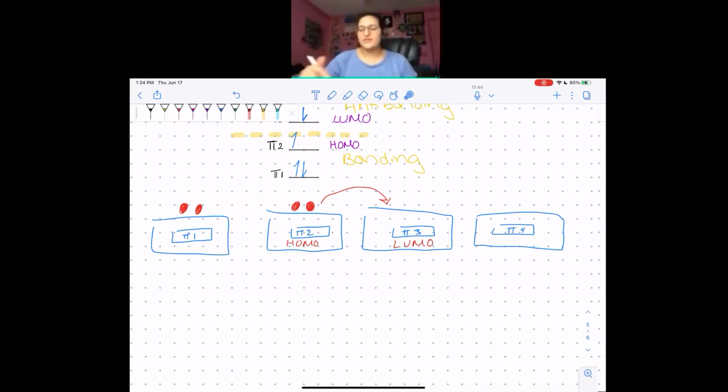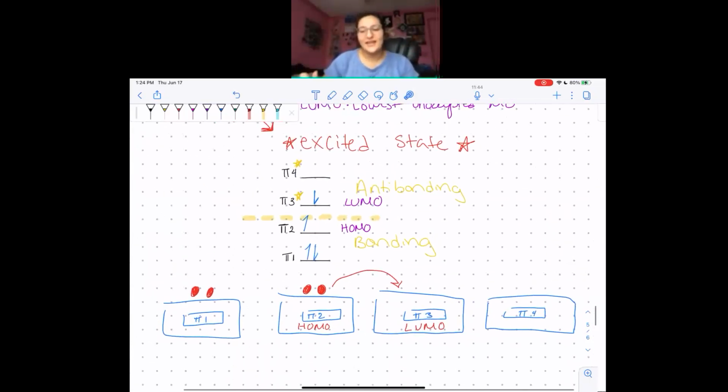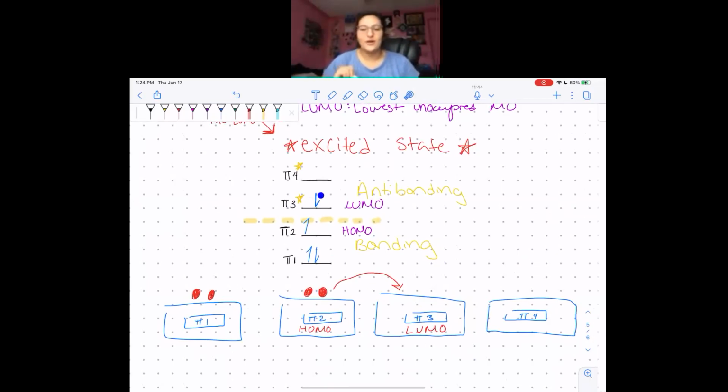That's dumb. So instead, we just pick up the bouncy ball and we put it back. Some of you might have thought that was a really stupid way to explain it, but I know this helps a lot of people. So think of it as baskets and bouncy balls. So when it goes to the excited state, we just moved our bouncy ball. We're not changing the label of anything because our baskets are not changing. We're just moving how many balls are in each basket.